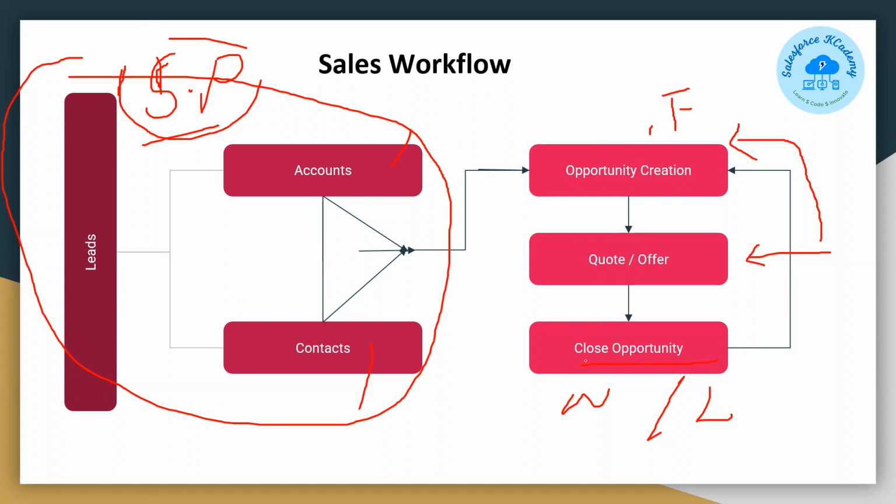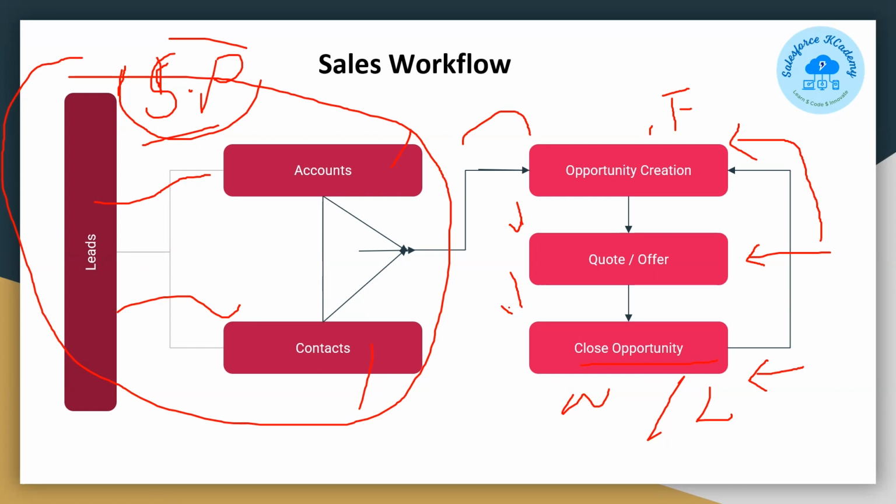Then you'll be closing the opportunity only with the approval of the CEO or the founder. Again, a different person is involved. So we need different persons to be involved at different stages. That's the reason we have this many stages in any CRM.